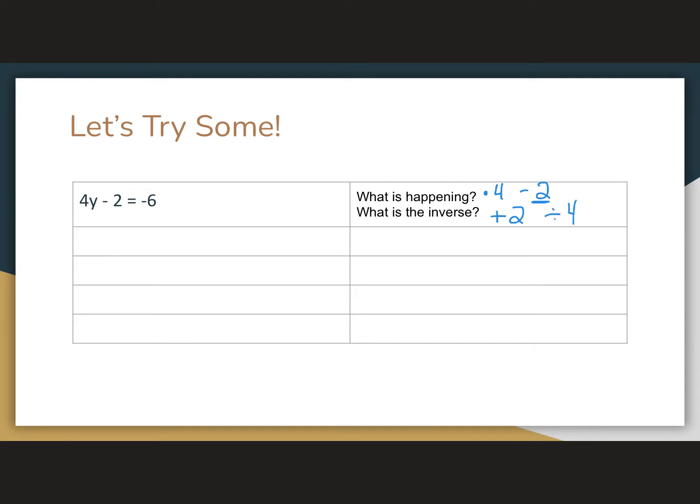So we're going to do them in that order. The first thing I'm going to do is add 2. So I'm going to do APE 2. So I have 4y minus 2 plus 2 equals negative 6 plus 2.